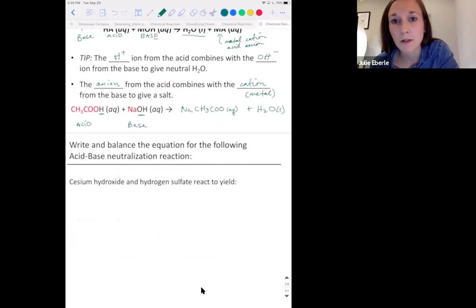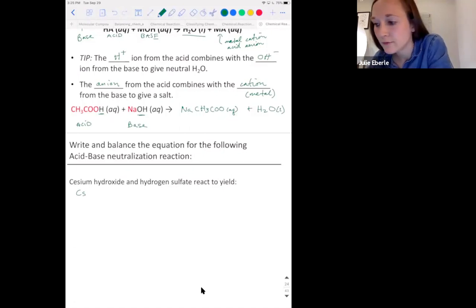Write the chemical formulas and then write what compounds you would get and write the states of matter with them. So cesium hydroxide, cesium is main group 1. It is Cs. So try to write out your compounds, your reactants. And then based on how you know an acid-base reaction happens, again, it's 2 ionic compounds here.